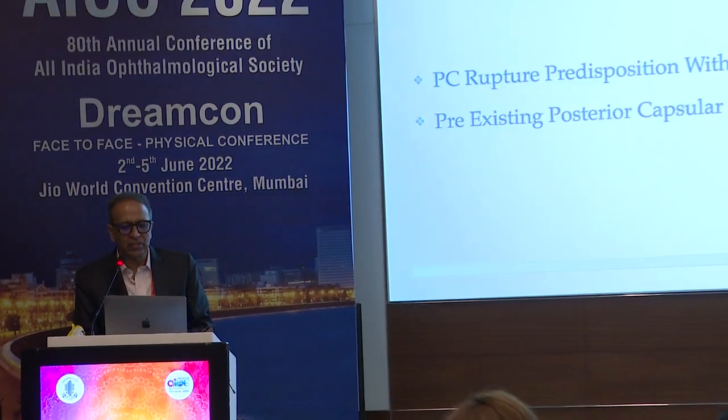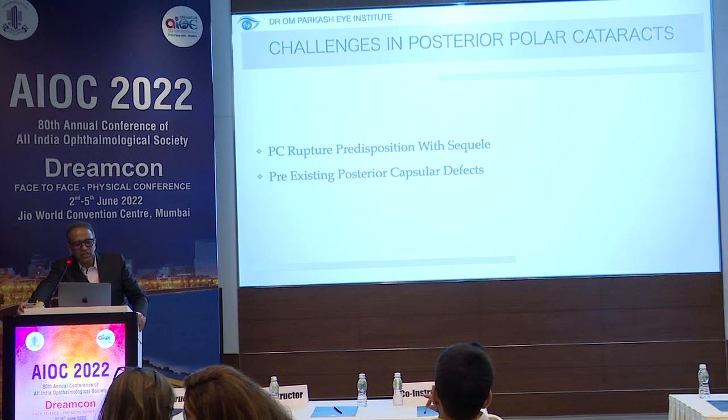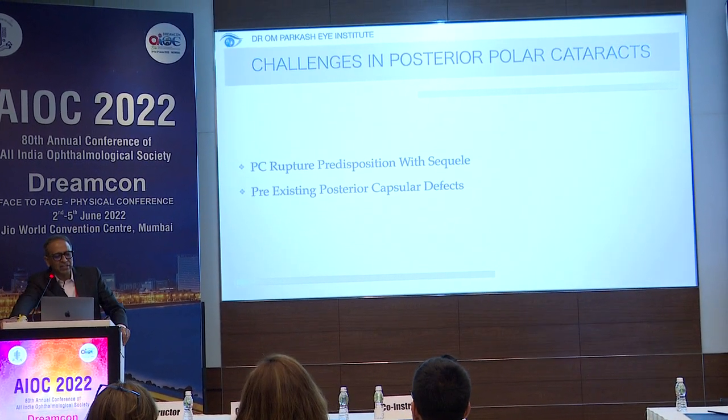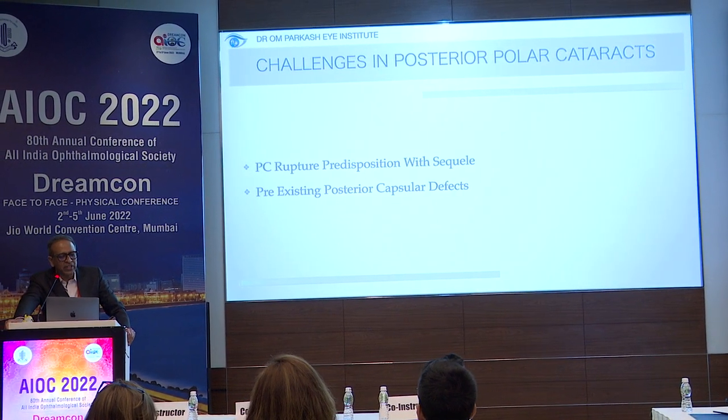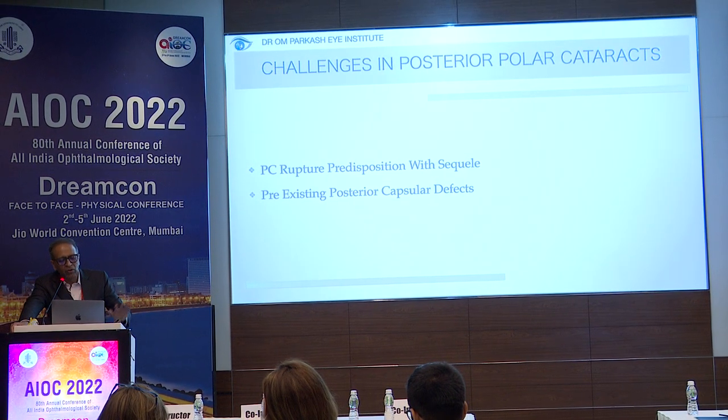So I would be talking about posterior polar cataracts with pre-existing posterior capsular defects. The challenges in posterior polar cataracts are basically because of the fact that the PC rupture is there because there is a predisposition and we have a whole lot of consequences involved in it.